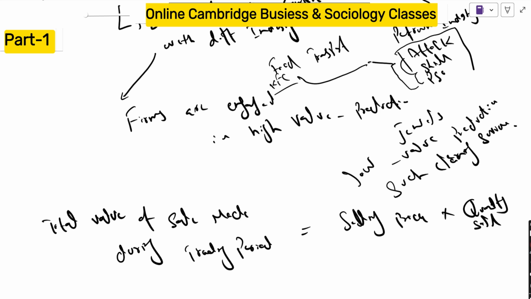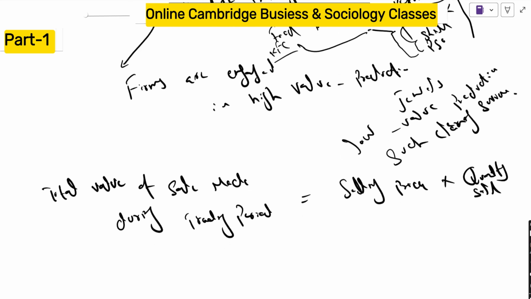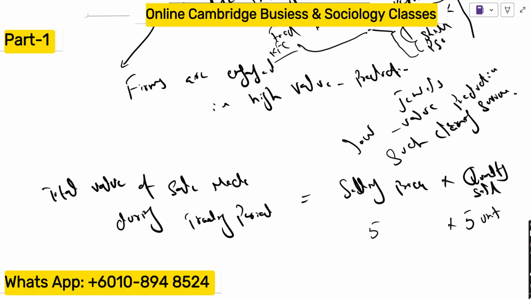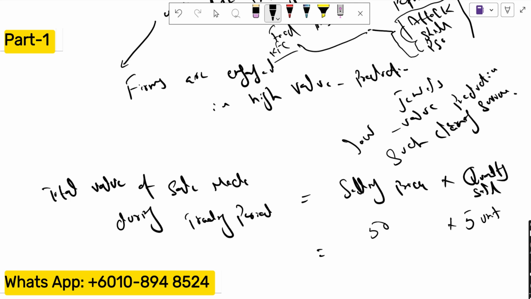Let's take the example of the pen. Say you sold 5 pens, 5 units in terms of quantity, and each pen has a price of 50. So overall, how much revenue have you generated? You have generated 250. The trading period varies from company to company. Let's say it was a period of 1 week.